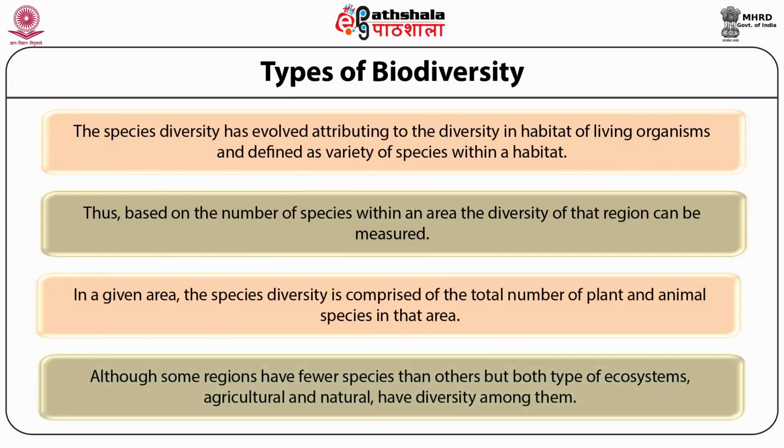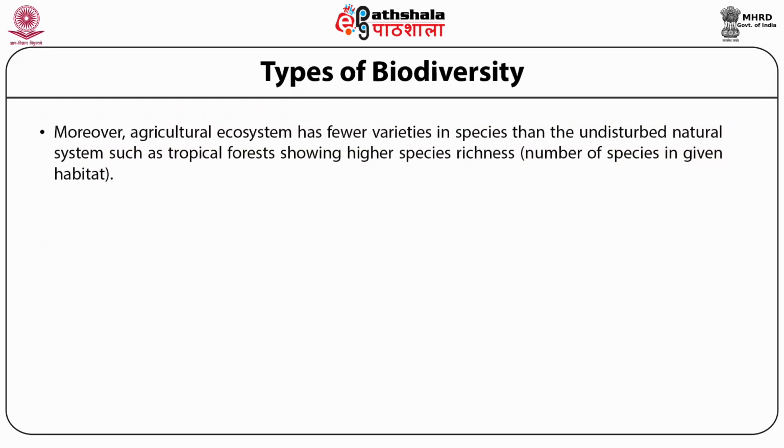Although some regions have fewer species than others, both types of ecosystems, agricultural and natural, have diversity. Moreover, an agricultural ecosystem has fewer species than an undisturbed natural system such as tropical forests, which show higher species richness, the number of species in a given habitat.